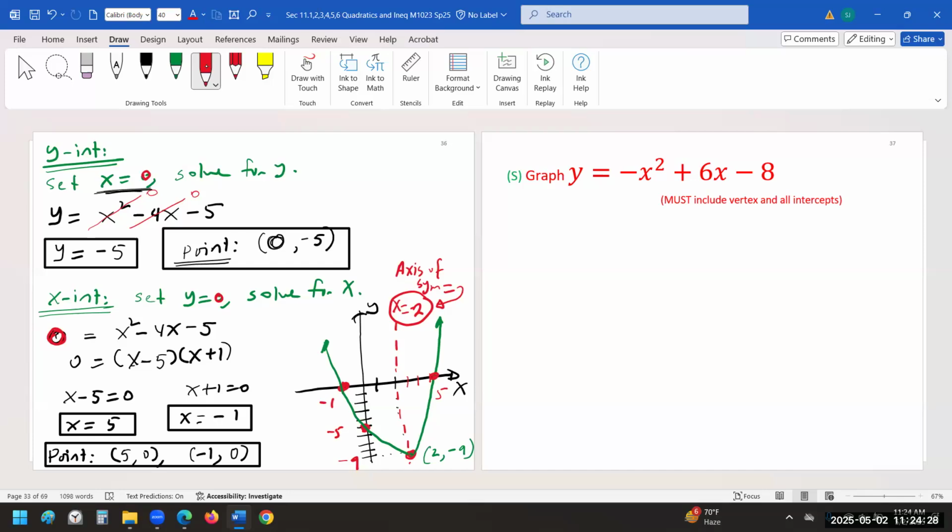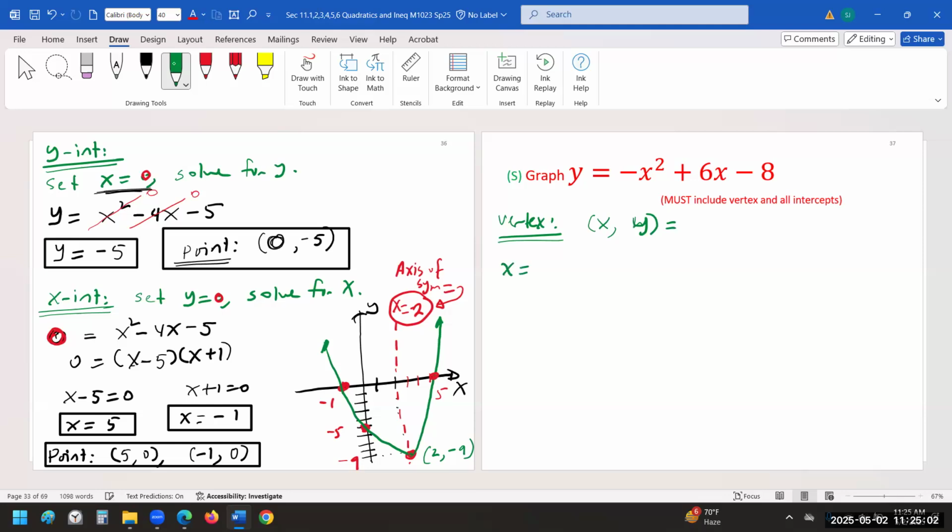We replace the x into the original function, because there is no formula for the y. Okay, let's do it together, starting with the vertex. The vertex is a point, so we're going to have x and y.